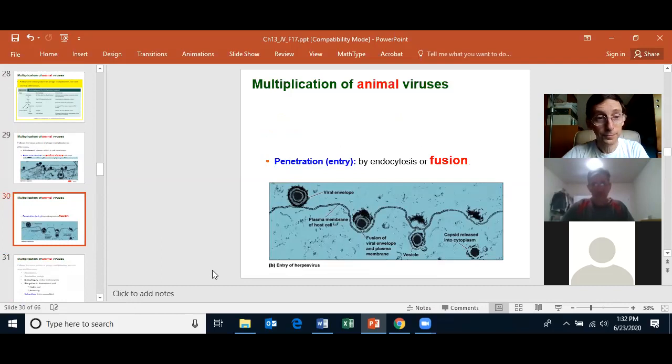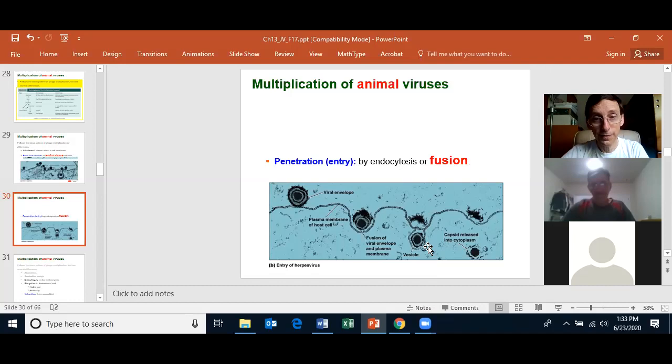With fusion, we have a viral envelope, and the viral envelope combines with the cell membrane, so the membrane, instead of coming across like that, now comes around like this, and this picture's sort of showing it, and that will dump the virus into the cell.